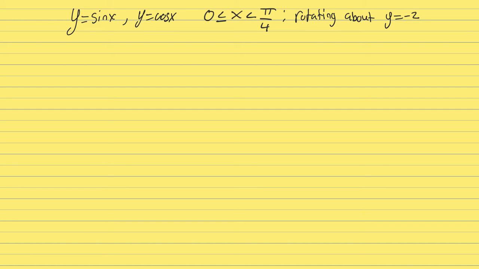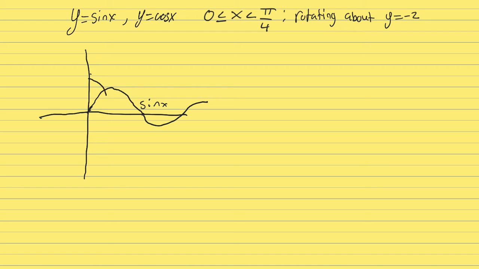First, I will graph the sine function. The sine function is going to start at 0, go up, and then back down, and it'll just keep doing its sine wave. And our cosine graph is going to do the opposite, just like that.